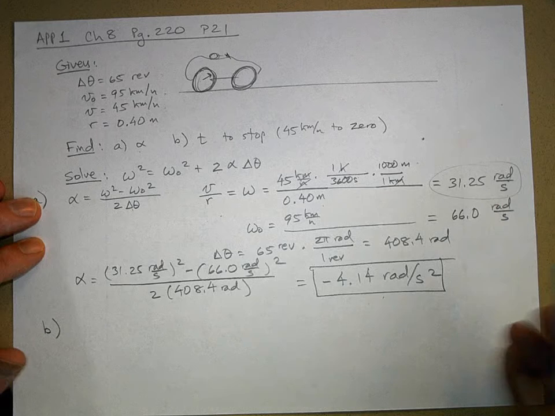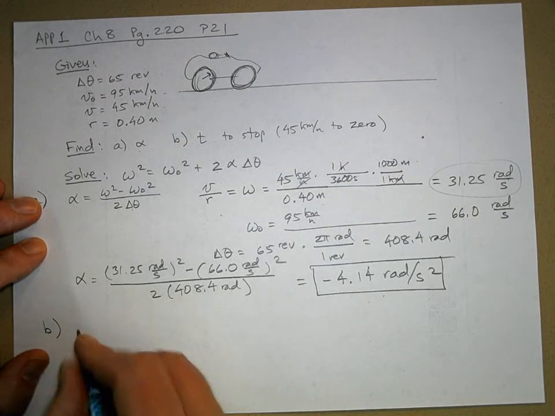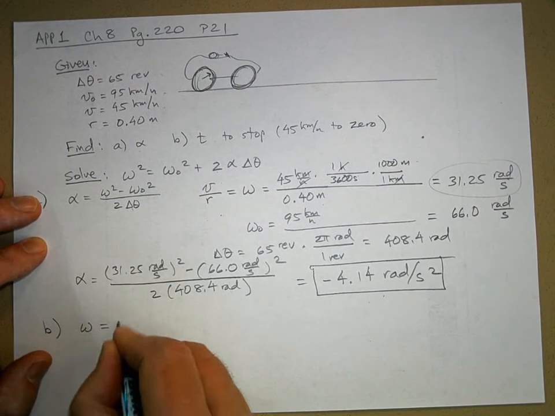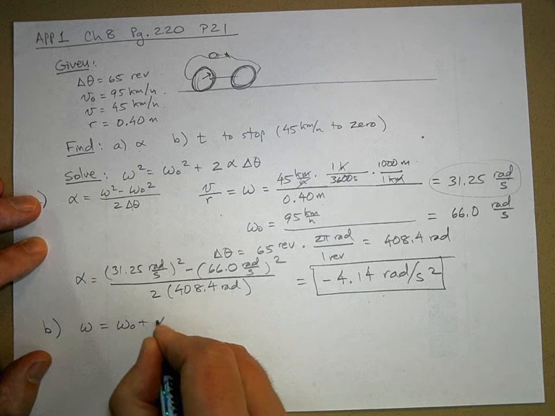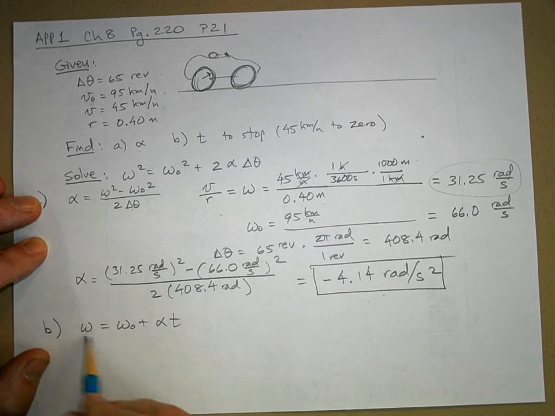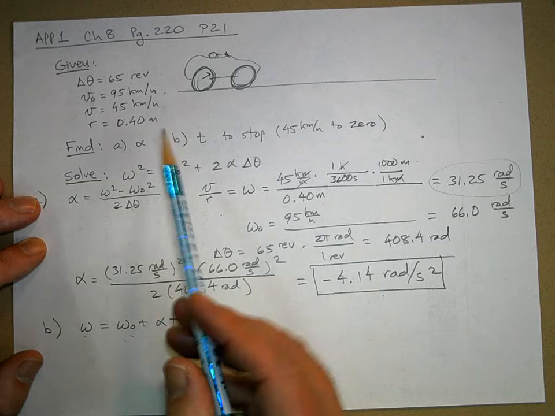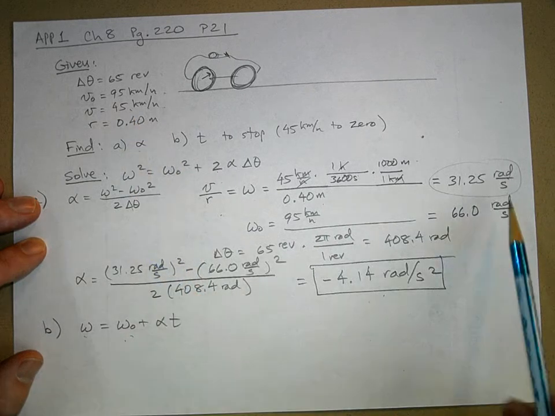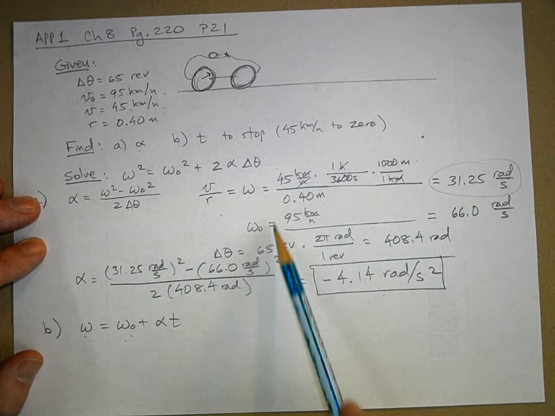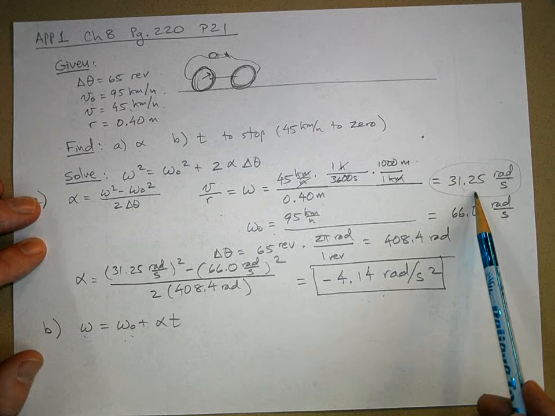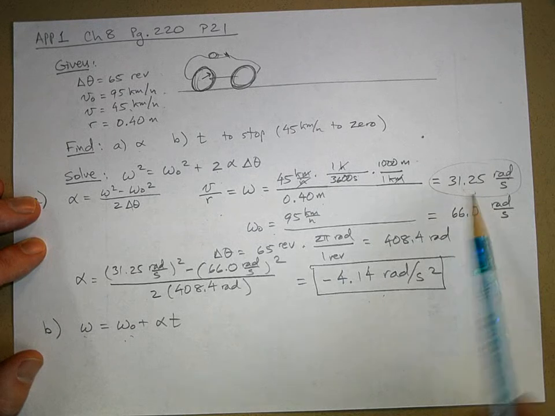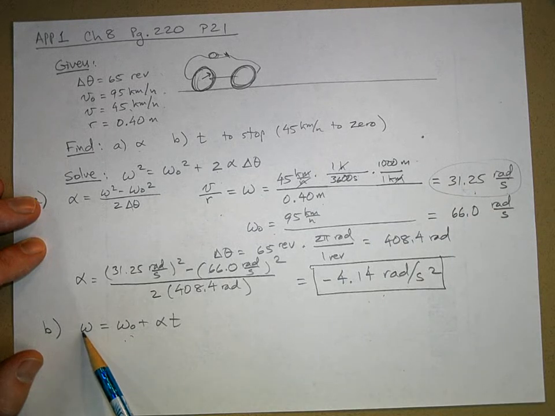So what I'm going to do is say, omega equals omega naught plus alpha t. But now I'm switching this, right? My initial angular velocity is now my final angular velocity from before, the 31.25. And then my final angular velocity is actually 0.